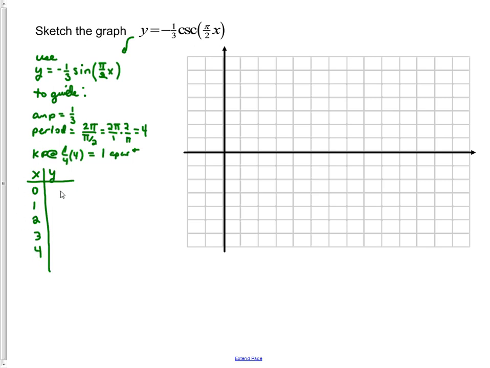So the y values, the way this is going to work, for sine, because we have a negative value right here, the y values go 0, negative 1/3, right? It would normally be 1. We take negative 1/3 times that. That's a negative 1/3. 0, 1/3, and back to 0.